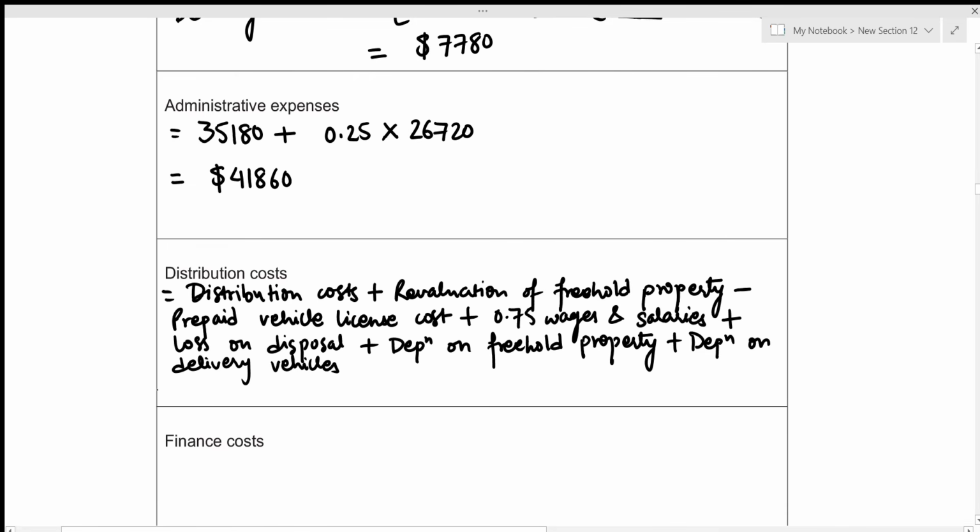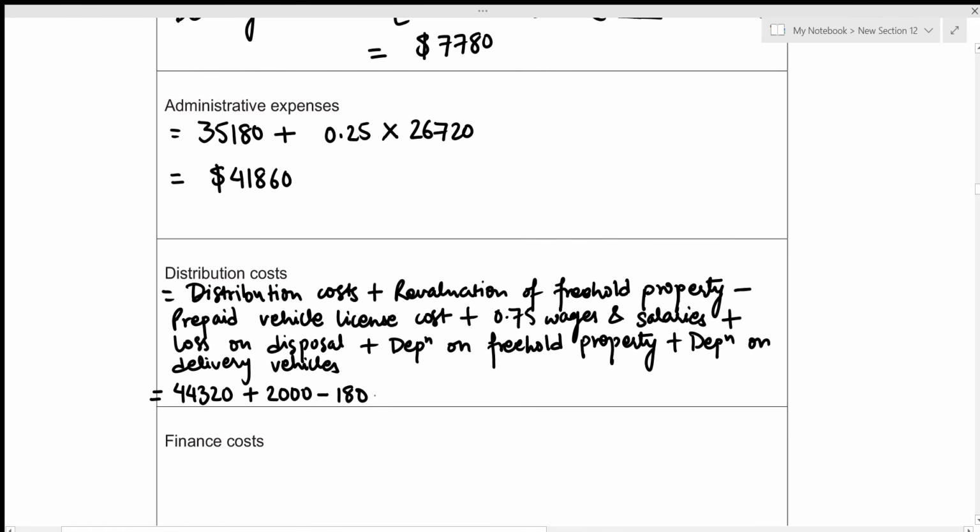All right, now we just need to substitute the values. So distribution cost in the table had the value of 44,320. Then the revaluation of freehold property that needed to be charged to the income statement was 2,000. Then the prepaid vehicle license cost that we figured out for the 4 months of September, October, November, and December was 180. So we need to subtract it. Then 75% of wages and salaries.